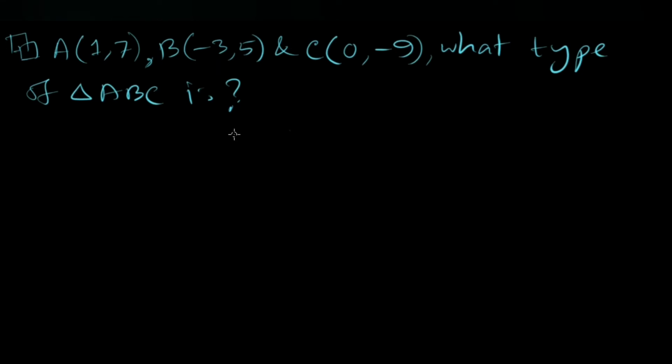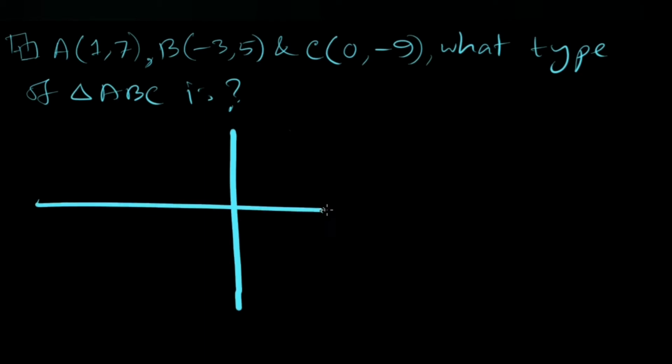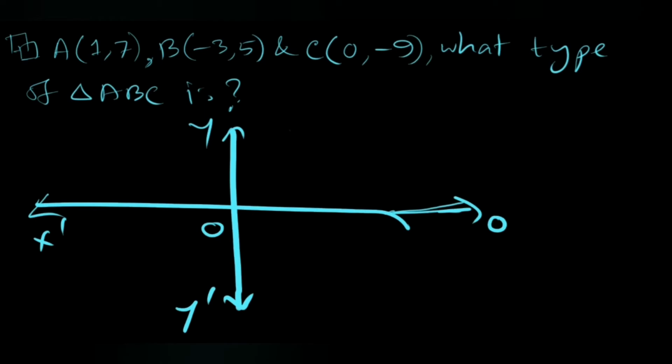So I'm going to draw the y-axis and x-axis, two perpendicular straight lines. So XOX prime and YOY prime, two perpendicular straight lines are here.